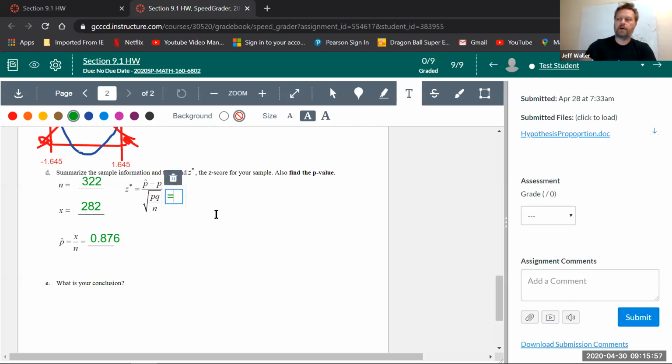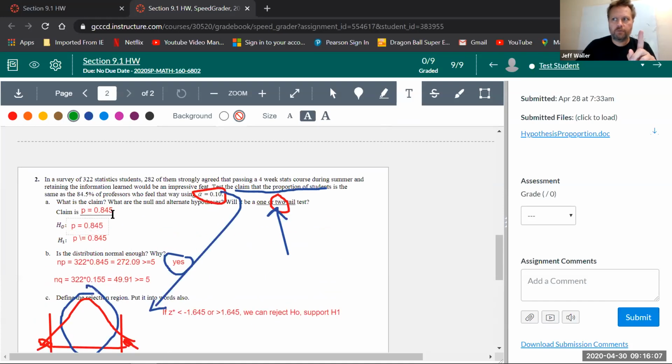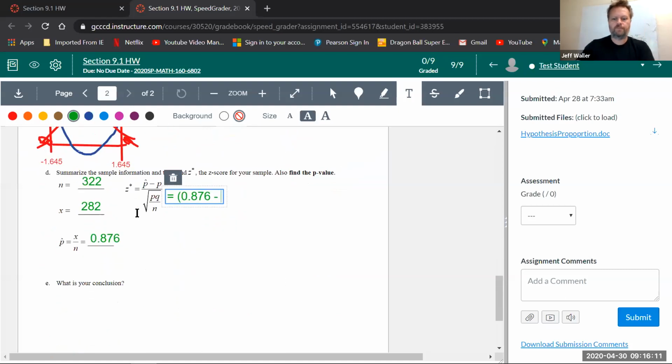So then I can plug all this stuff in here. P hat, so my data, it's always my data, minus what we're assuming to be the real middle, which is always the 0.845, the number that comes from the claim, divided by the square root of all this.